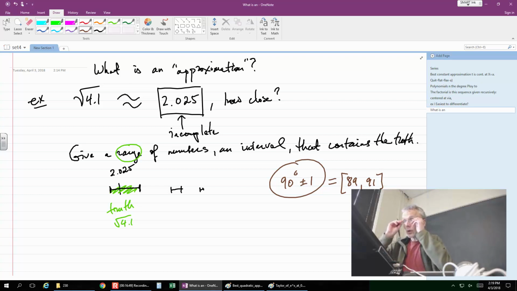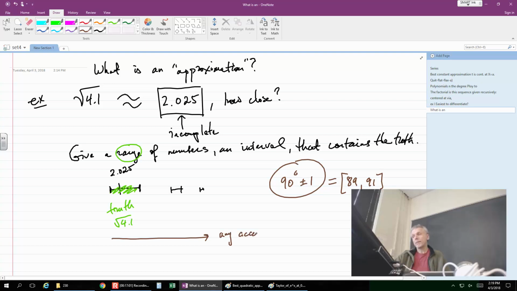The difference that mathematics gives you is that, as I mentioned, we can have any accuracy. We should be able to provide any accuracy for computations, because there is everything that we need to know.